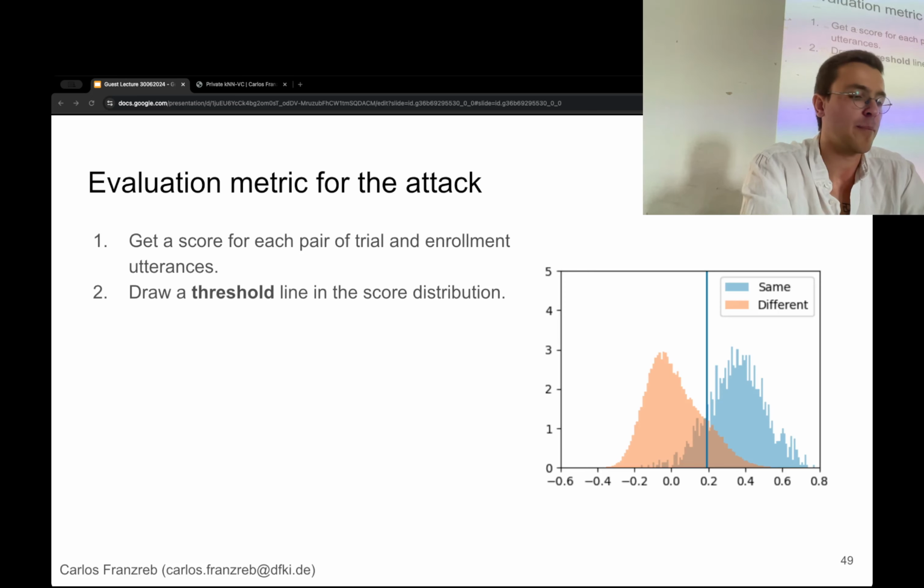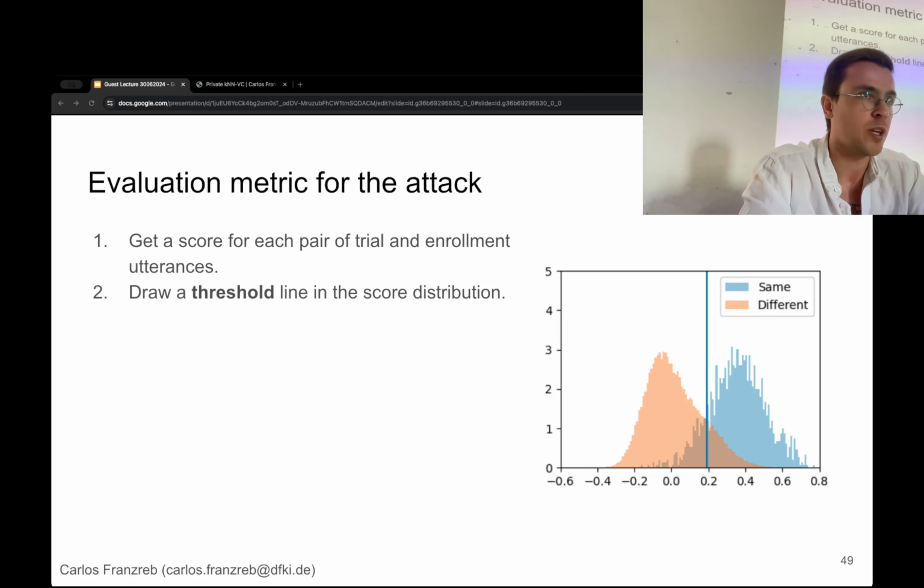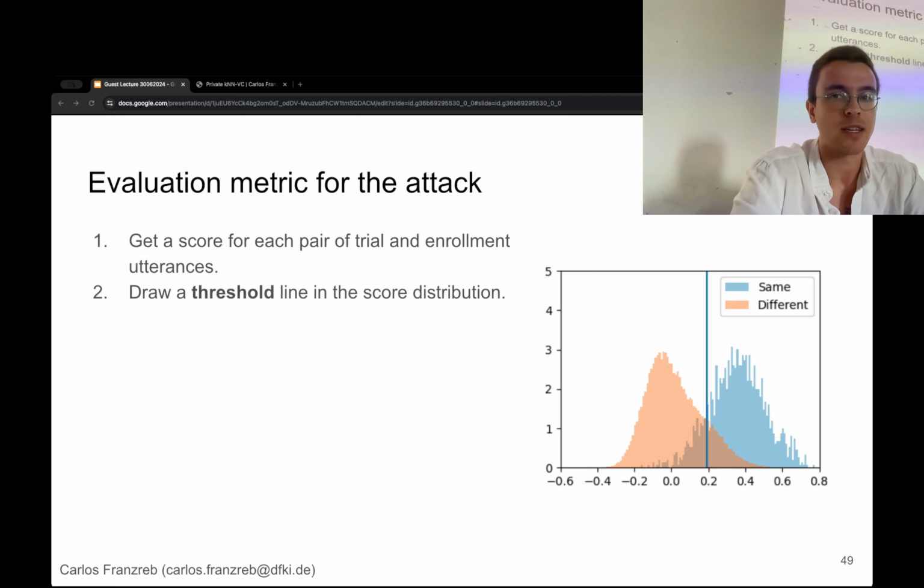The pairs of utterances that belong to the same speaker are depicted as a blue distribution of their scores, and the orange ones are the ones that belong to different speakers. So now we have two distributions that are different in a certain way, but we need to draw a threshold to make decisions.